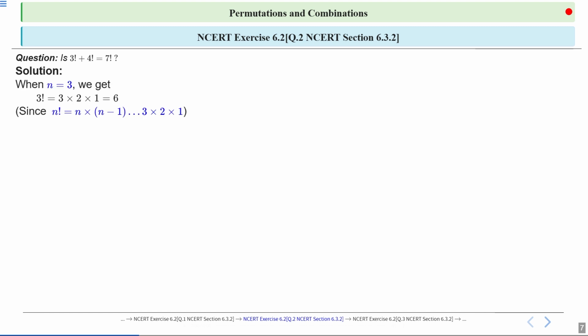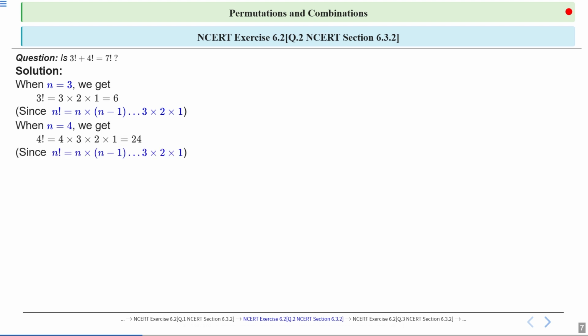Here n is equal to 3. So using the formula n factorial is equal to n times n minus 1 times dot dot dot 3 into 2 into 1, 3 factorial means here 3 into 2 into 1, which equals 6.